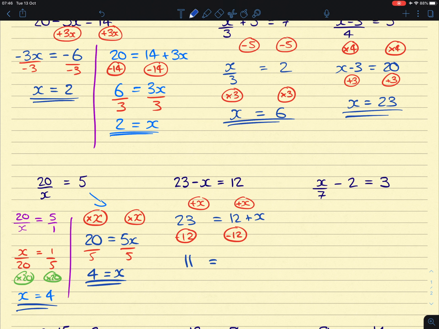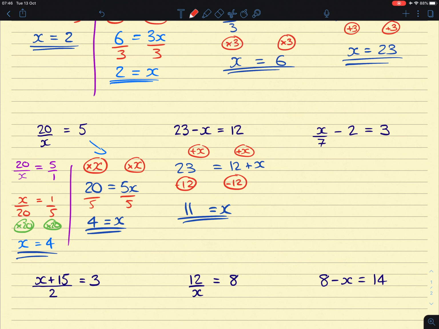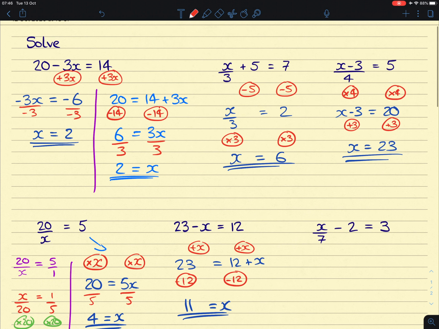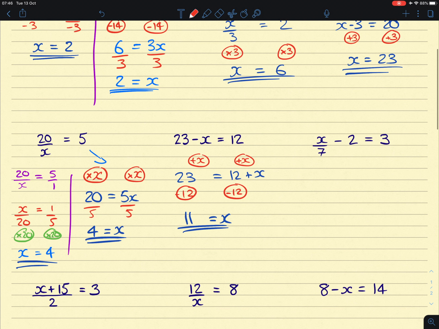Next one. We have a divide by 7 and a minus 2. Now, there is another way of doing this, which I'm going to show you. So it's going to be different from what we did here, but either way works. One thing you can do whenever you have fractions is just multiply everything by whatever it takes in order to make that fraction disappear. So everything is going to get multiplied by 7.